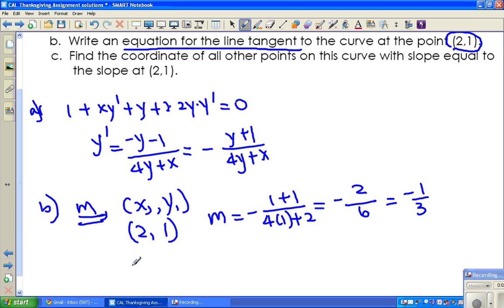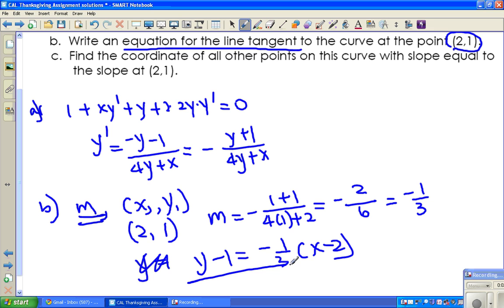Knowing that, we should be able to find the equation of the line, which is y minus 1 equal to negative 1/3 times x minus 2. There we go. This could have been the answer for number B.